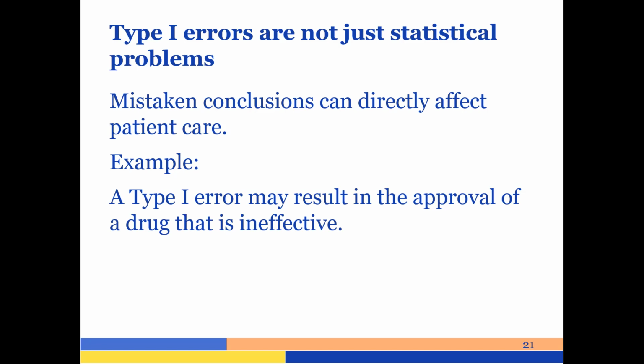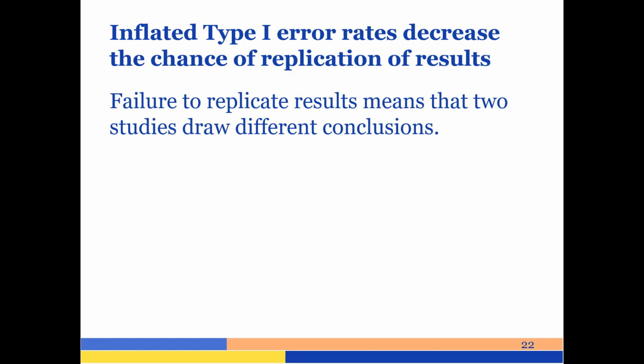These are problems that can directly affect people. For example, in health science, you might mistakenly approve a drug that is ineffective, resulting in all kinds of issues. Science is based on being able to replicate findings. Without this, there could be a loss of trust in science, which is not good for science or society.